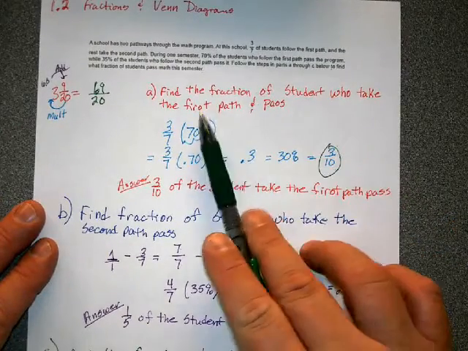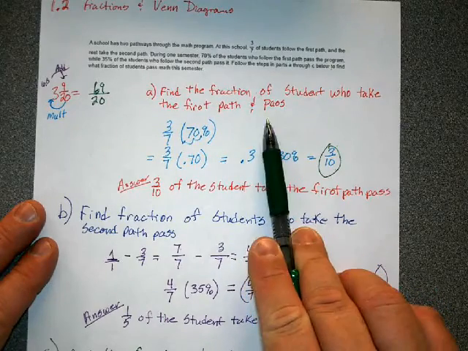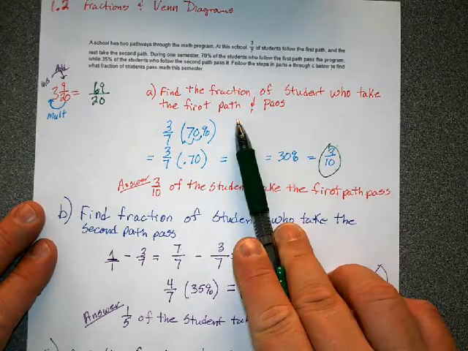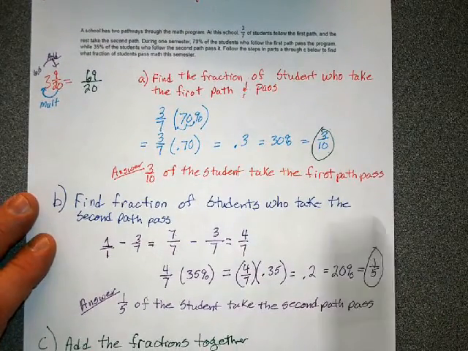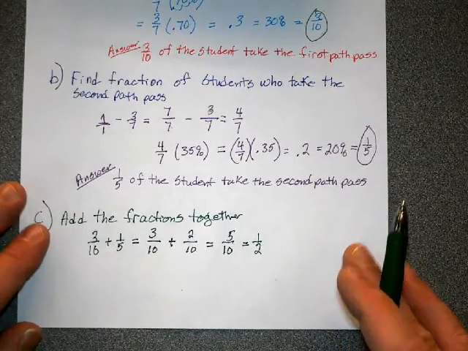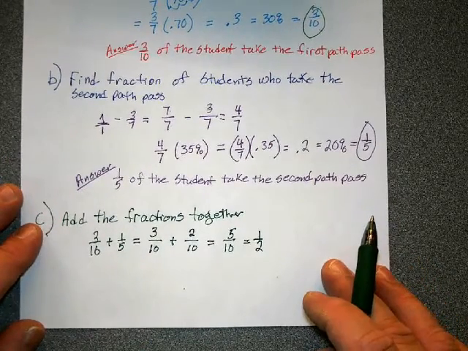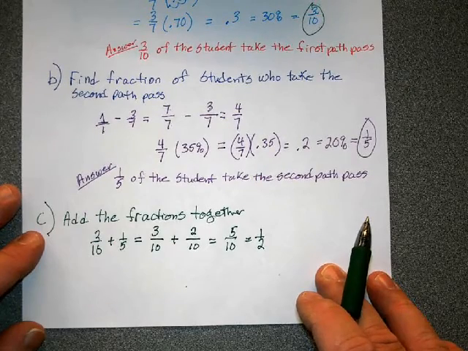First path. They pass, right? What does 1/5 mean? People that passed the second path. So what would the 1/2 mean? The people that aced it. It's the students that pass. All the students that it represents, passing students.